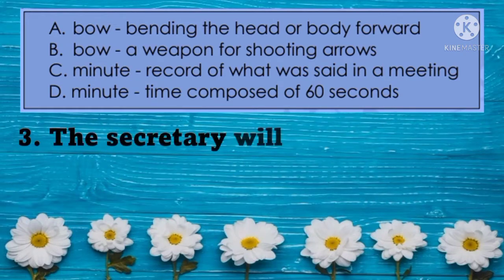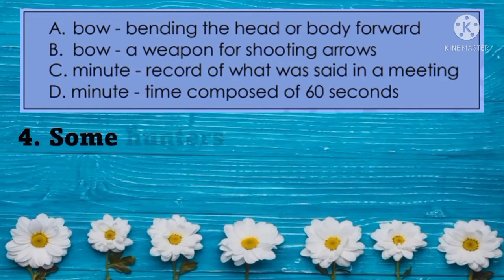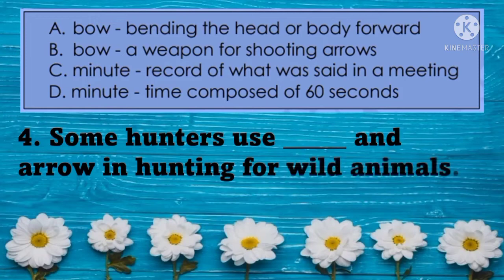Number 3. The secretary will prepare the blank after the meeting. The correct answer is letter C, minute. For number 4, some hunters use blank and arrow in hunting for wild animals. The correct answer is letter B, bow.